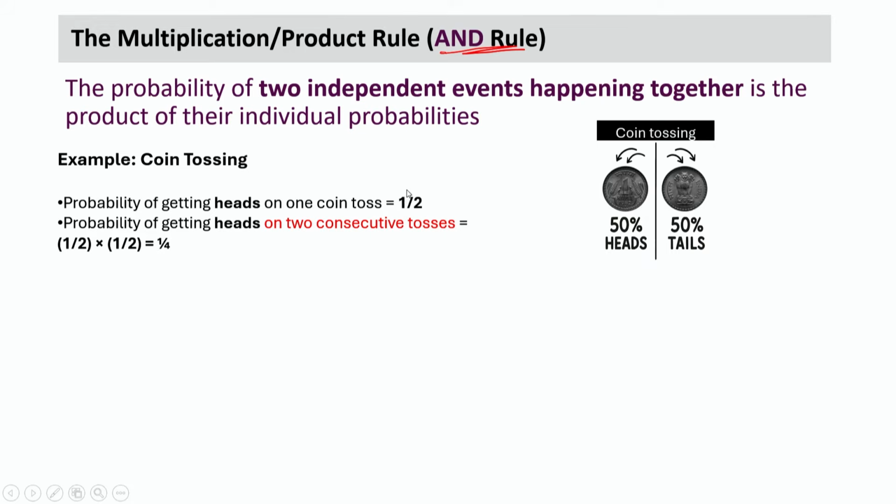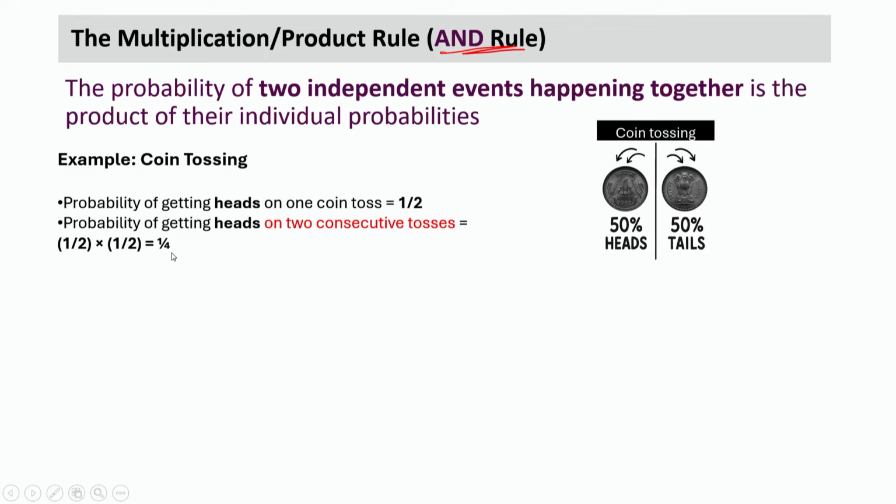If you toss a coin one time, either you get head or you get tail. If I ask you to toss once again, then again you have a chance of either getting head or tail. Then the possibility of getting 2 heads is 1/2 multiplied by 1/2.